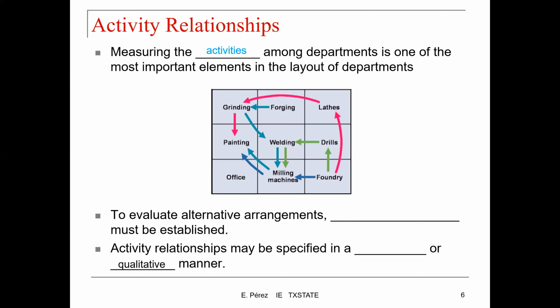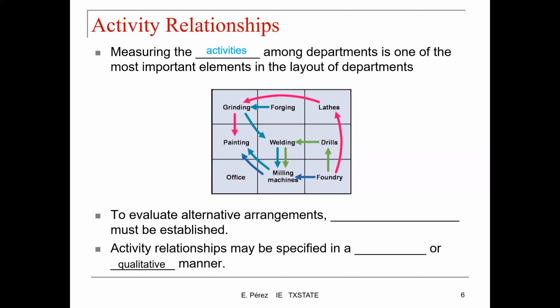So for instance, I can use pink to denote a high volume of activity, and green will mean something like low volume of activity. And then we can use that information to say, okay, if there's a high volume, then we want to make sure that these two departments, if possible, are located close to each other.